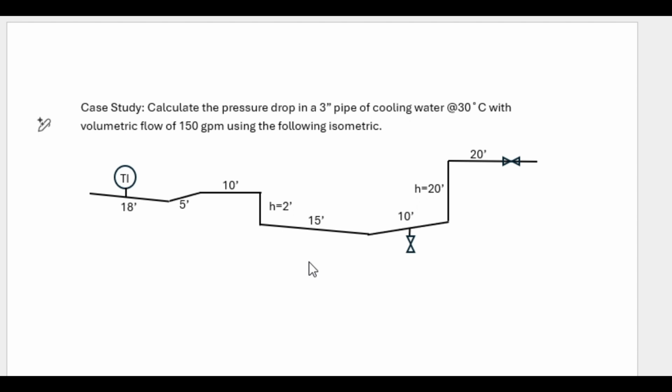That makes everything easier, because a lot of the correlations we're going to use deal with unitless values. So you need to make everything the same unit in order to avoid mistakes related to unit conversion.